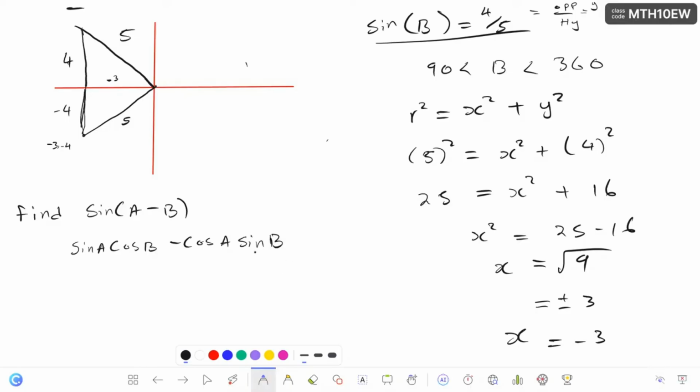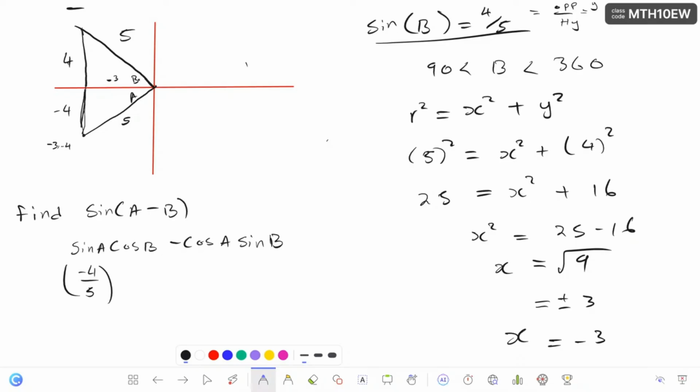So now we can interpret our answer. How are we going to interpret sine A? We just go here. It's A, here is B. Sine A is opposite, which is -4, over hypotenuse, which is 5.